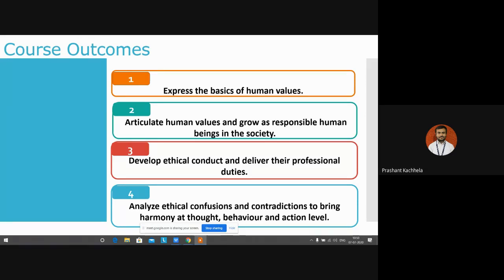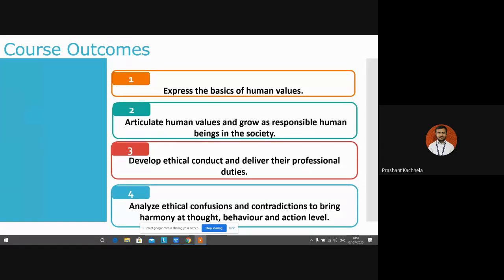The society considers not only our family, friends, relatives, or our college circle, but it also considers the organization as well as the professional world, because the organization and professional world are also part of the society. So if we consider the appropriate human values and behave in the appropriate way, then as a responsible human being, we can also grow in this society.